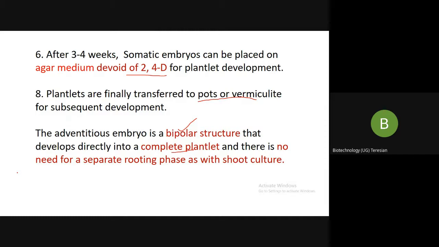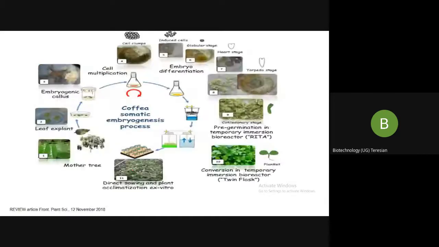It passes through all the stages, which is very similar to zygotic embryogenesis. Finally, you put it into pots with sterile soil containing compost, and develop the plant. It is bipolar in structure, so there is no question of putting it into shooting media or rooting media. Shoot and root are produced.